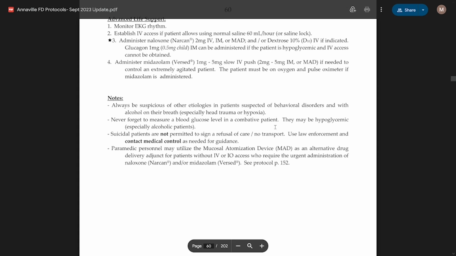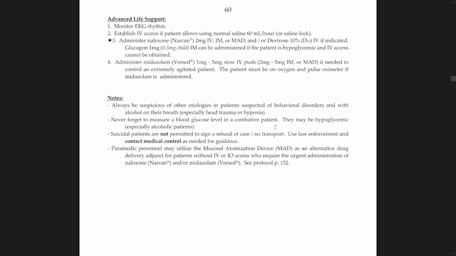The patient must be on oxygen, and a pulse oximeter is necessary if midazolam is administered, but you'll have them on this anyway. Some notes: always be suspicious of other etiologies in patients suspected of behavioral disorders and with alcohol on their breath, especially head trauma or hypoxia. Never forget to measure a blood glucose level in a combative patient. They may be hypoglycemic, especially alcoholic patients. Patients are not permitted to sign a refusal of care, no transport.